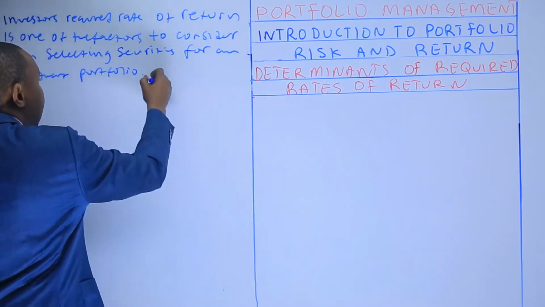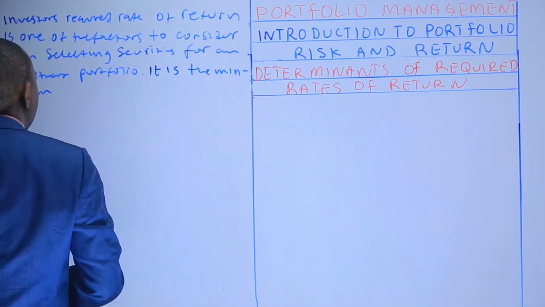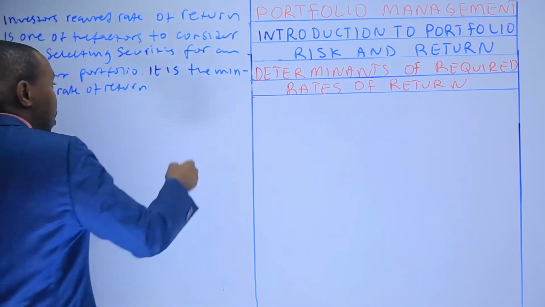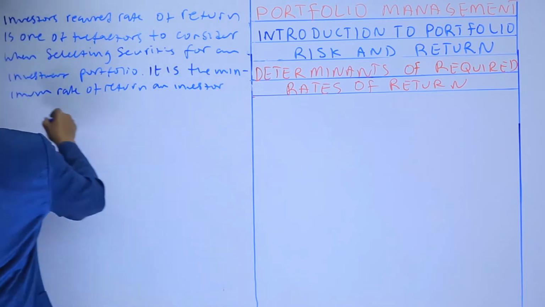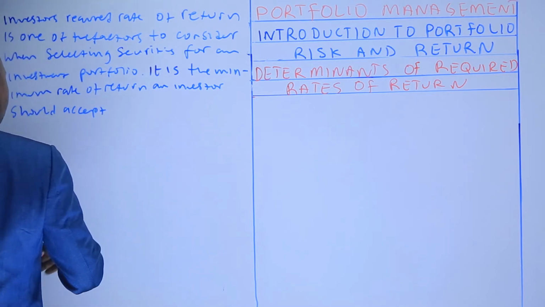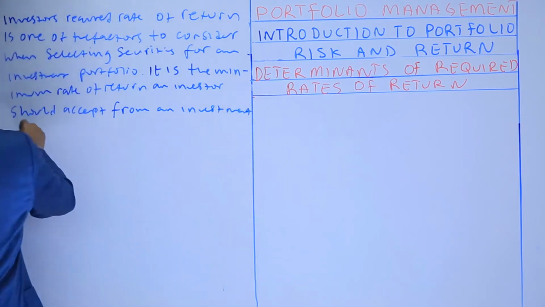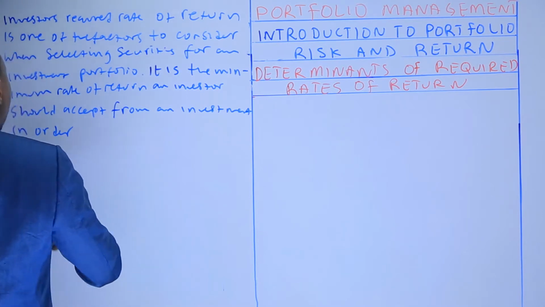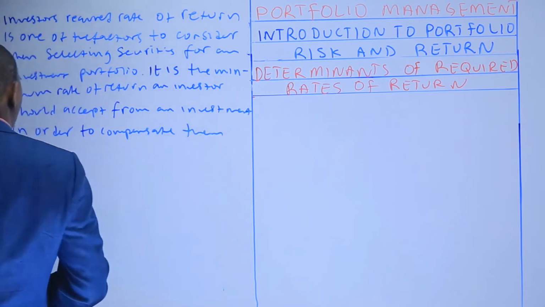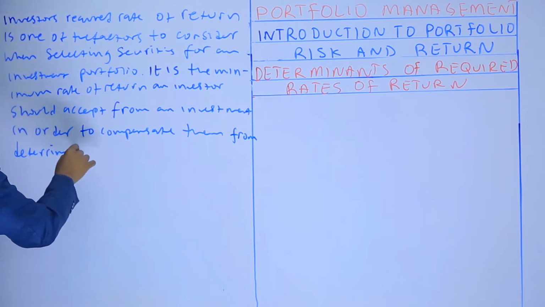So we say that it is the minimum rate of return an investor should accept from an investment in order to compensate them for deferring consumption.